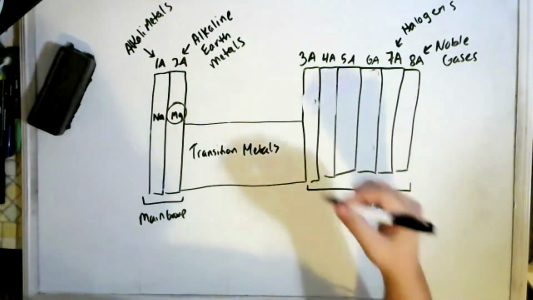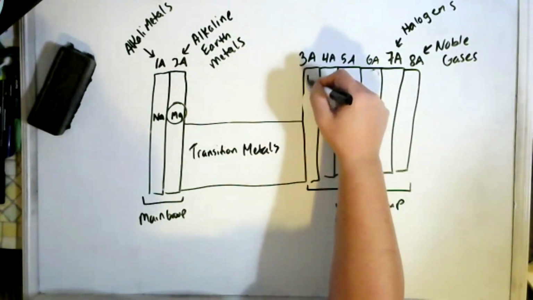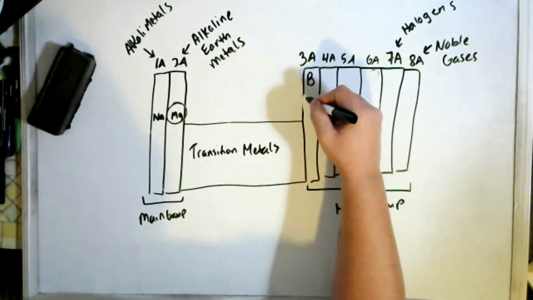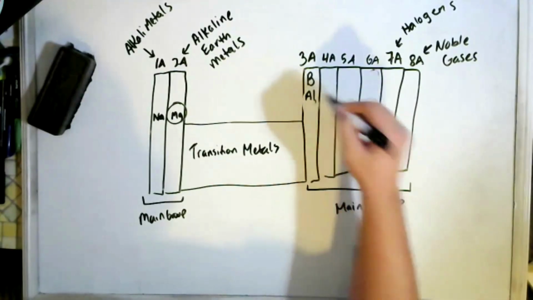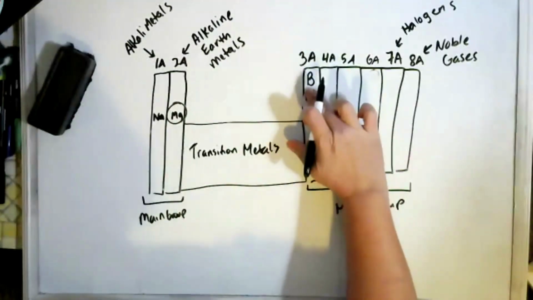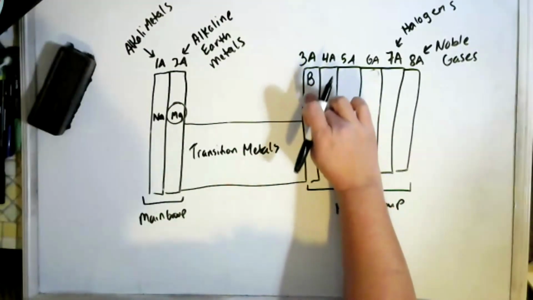Okay. So if we start over at boron and aluminum, again, we'll do a little sketch here.